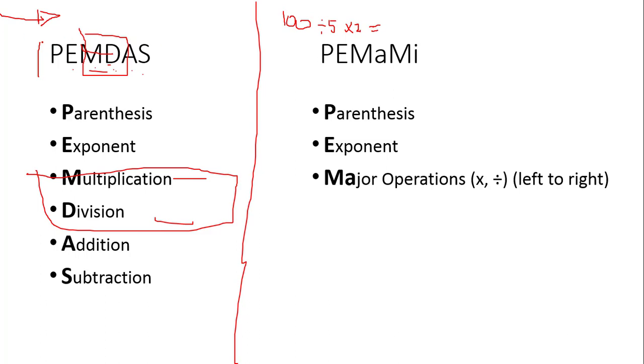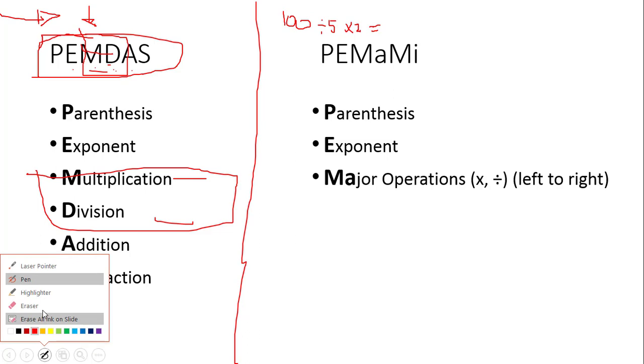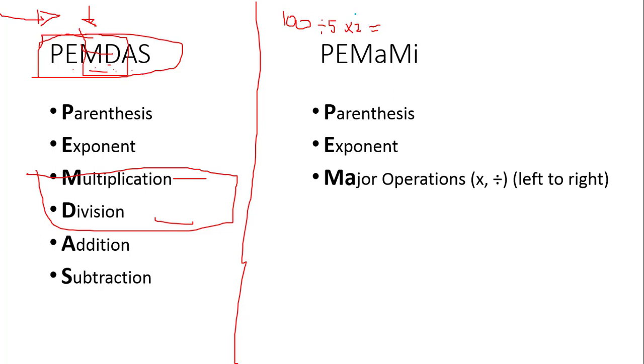Kung ipo-follow natin yung rules na to or yung mnemonics na to, ang unang makikita natin is yung letter M, which is the multiplication. So, kapag hindi natin alam kung paano ito gamitin or yung theory behind nito, na multiplication and division ay major operation, ang common na ginagawa is ganito, multiply mo na to.